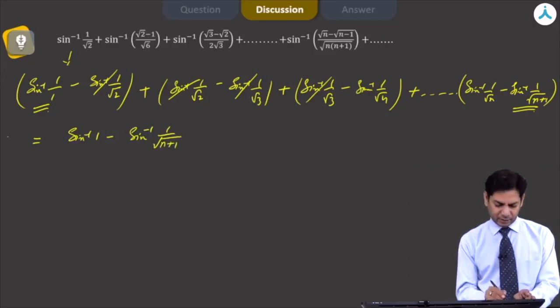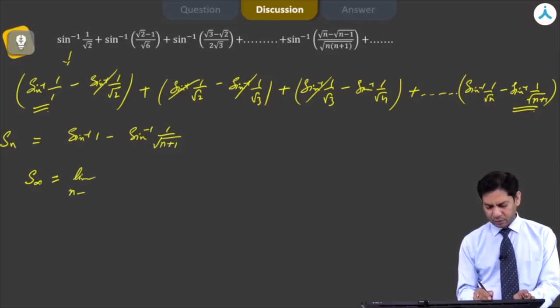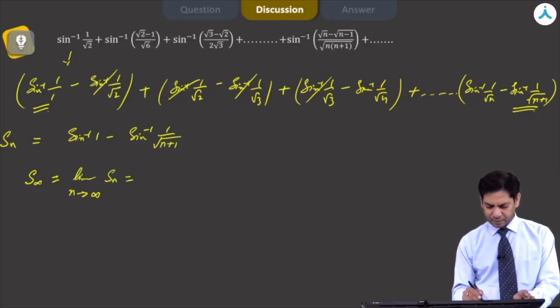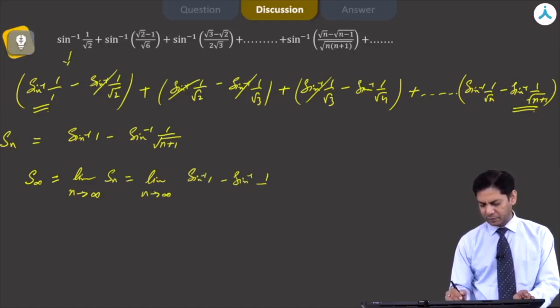And if we call this sum Sn, then we have to find S infinity, that is the sum going up to infinity. So we can write S infinity is equal to the limit as n goes to infinity of Sn, that is the limit as n approaches infinity of sine inverse 1 minus sine inverse 1 upon root of n plus 1.